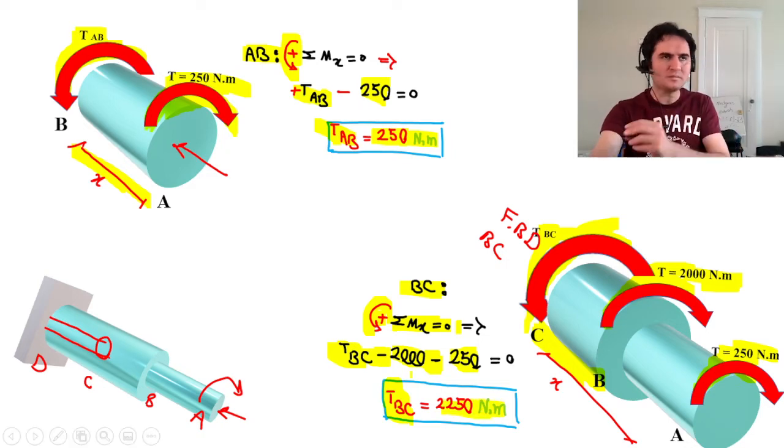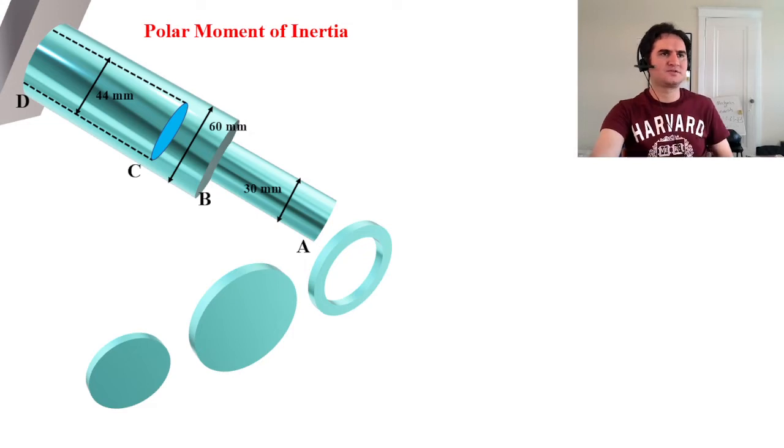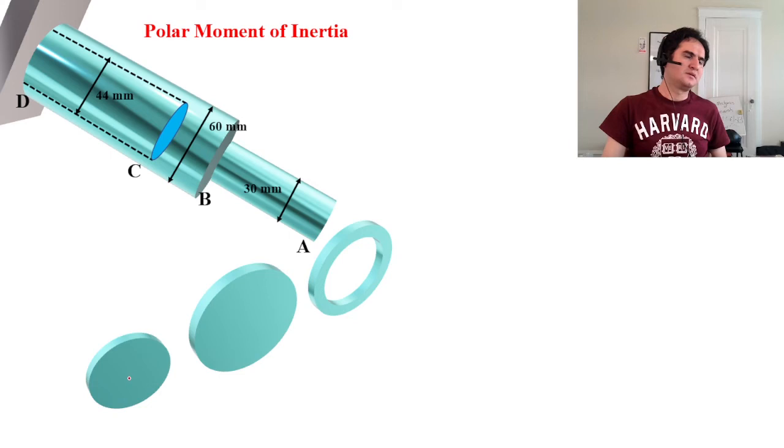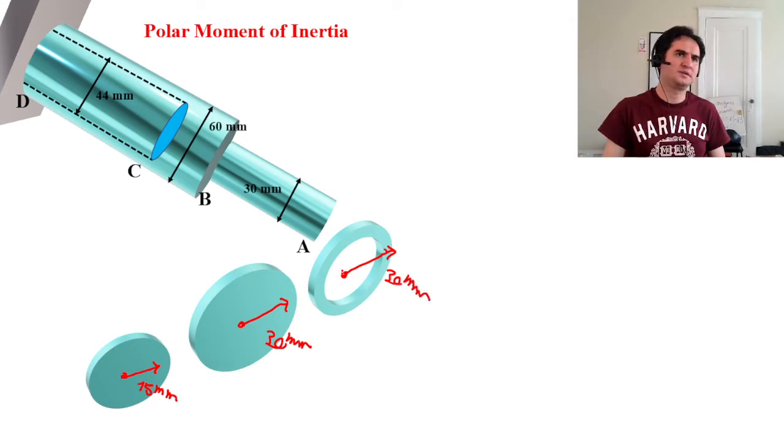The next step, as soon as we know the torsion for the parts: this is a 50 millimeter solid cylinder. This is a 30 millimeter solid cylinder. And this is a hollow cylinder with C2 equal to 30 and C1 equal to 22 millimeters.